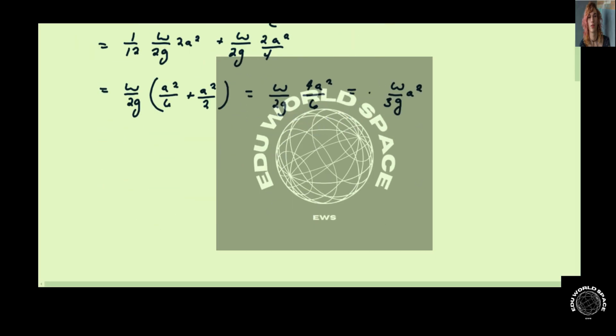And so your Ix total is equal to Ix1 plus Ix2. So we get W/6g a squared plus W/3g a squared. And now we're just going to do the math to multiply, so we get 1/2 W/g a squared.